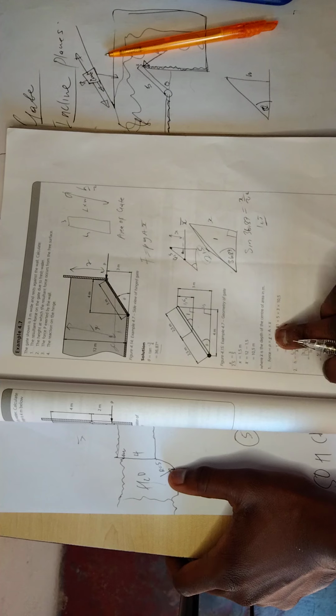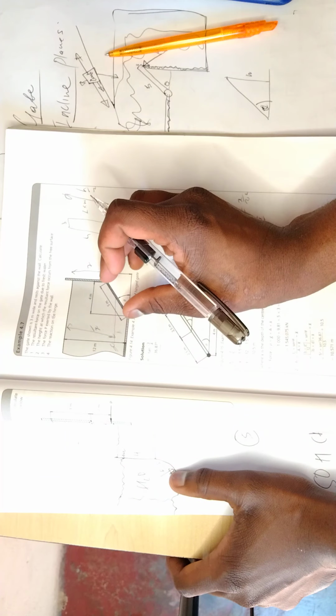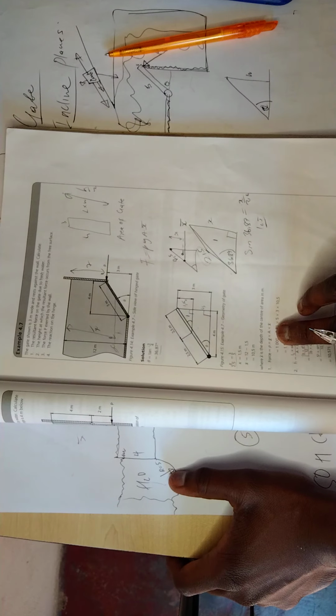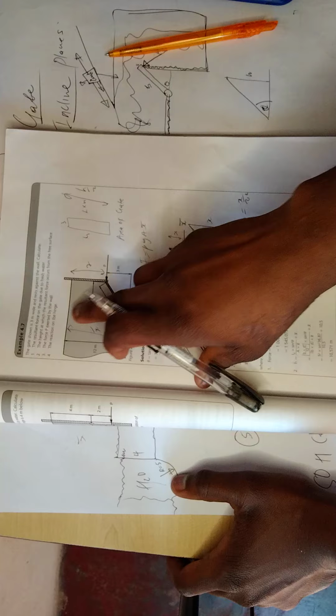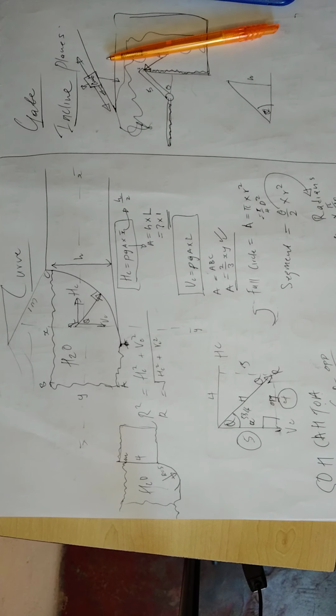Then we come here and say we know it's water, it's 1009.8. The area of a gate, remember, they say force on a gate, so area of a gate multiplied by the centroid is going to give us what is needed. Then the height, when they say height, they are actually looking for this.